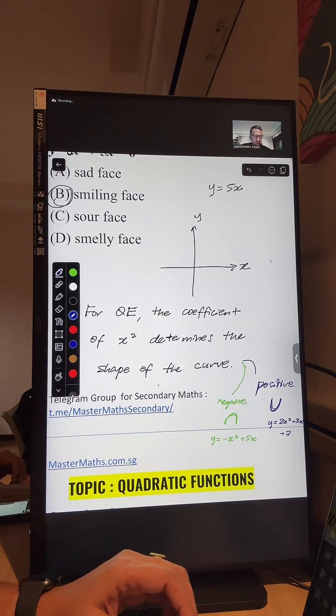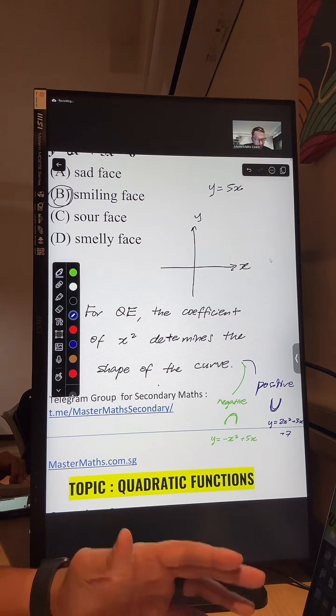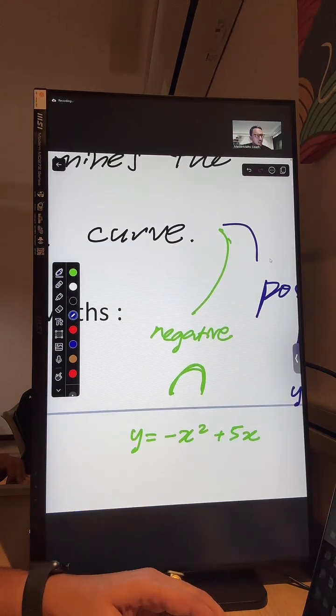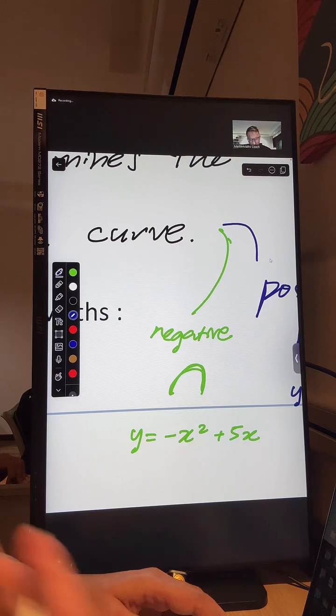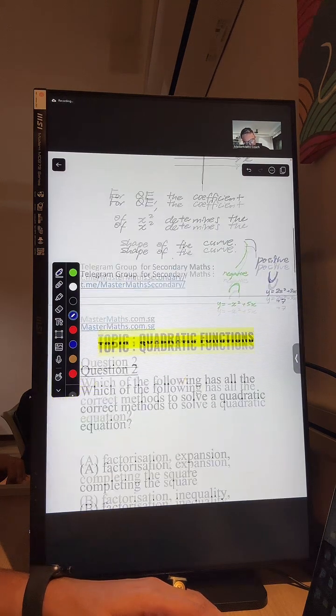But for quadratic functions, when we're talking about quadratic curves, it's either a smiley face or a sour face. Or maybe when she looks at the upside down smile, she calls it a sour face. So maybe go back to school and ask your teacher what she or he is referring to.